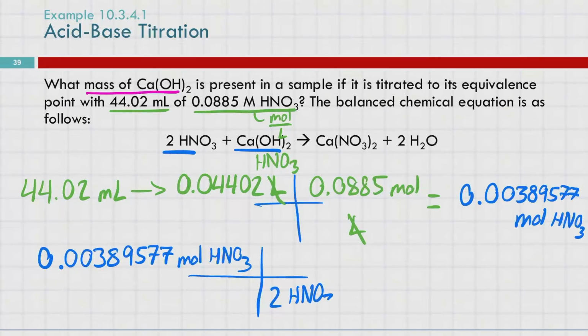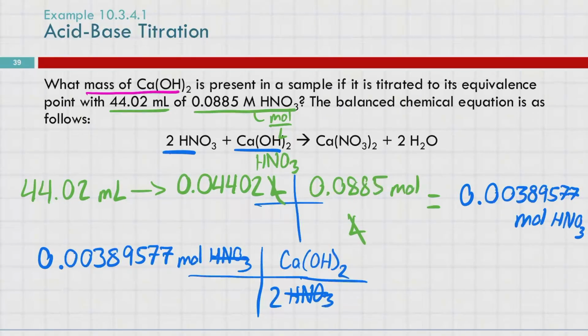That goes on the bottom so that the units cancel, and the calcium hydroxide goes on the top. Since we have 2 hydroxides in a calcium hydroxide, we only need to use 1 to produce 2 hydroxides. So we need twice as many nitric acids to react with it.